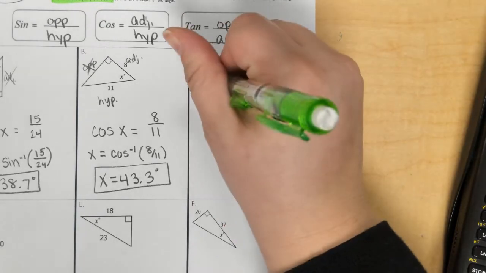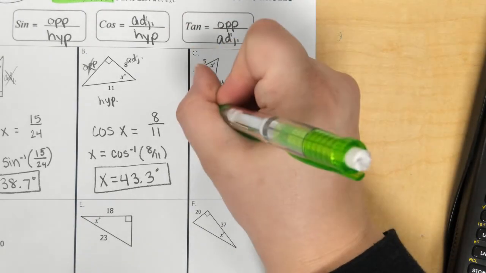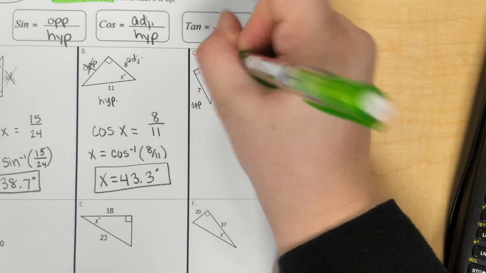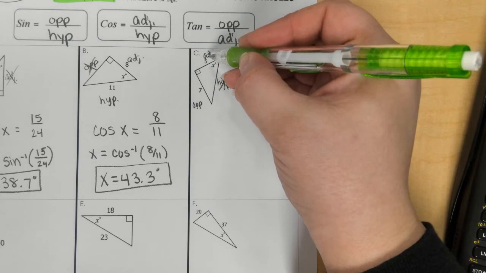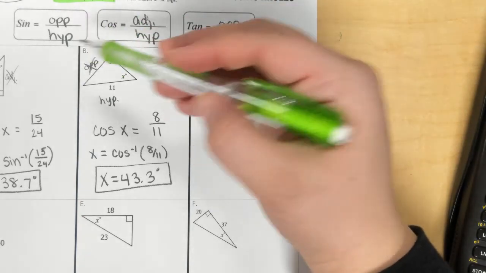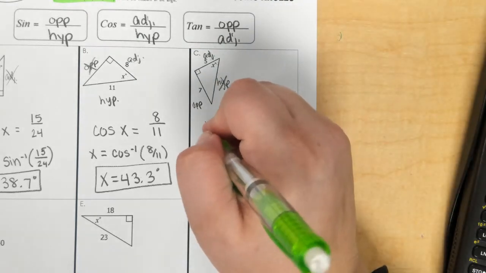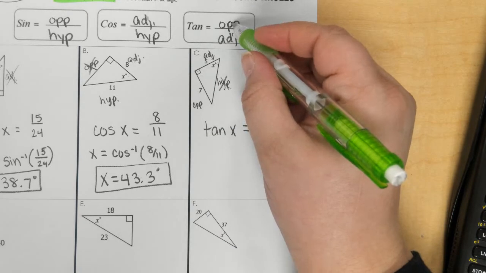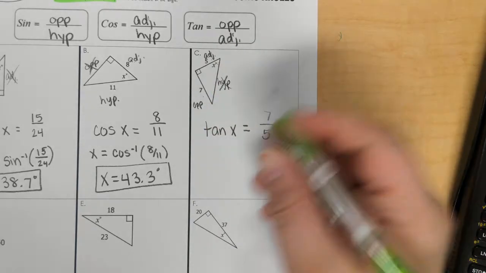Okay, for letter C, right angle, we have this is our hypotenuse. From angle X, we have 7 as our opposite, and 5 is the adjacent, where the hypotenuse is extra information. So if we're dealing with adjacent and opposite, we have tan. So tan angle X equals opposite, so 7 over 5.